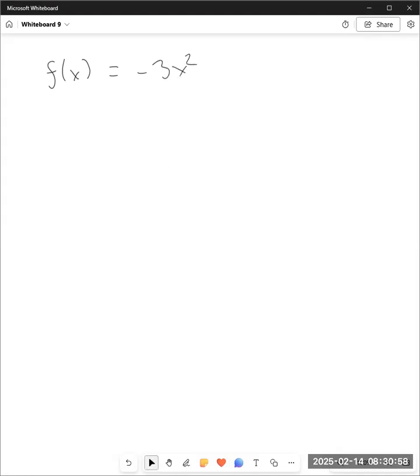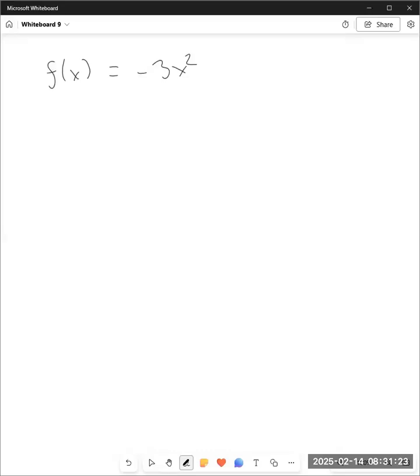Now, I've already introduced the topic of concavity a little bit earlier when I was talking about using the second derivative test for extrema, when we were talking about extreme values and how we could use the first derivative test or second derivative test. This is where the topic of concavity is officially introduced.